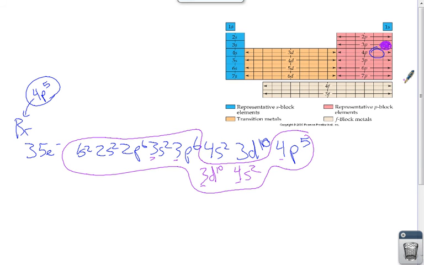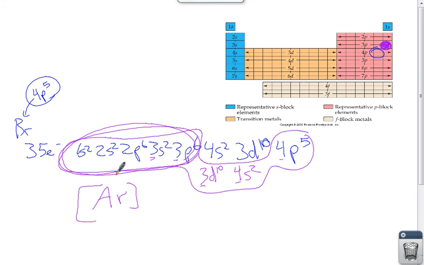That noble gas for bromine would be argon. So we put argon in brackets, and argon is 1s2, 2s2, 2p6, 3s2, 3p6. And then we just have to write the pieces that come after argon that make bromine look a little bit different. Okay, so that was a lot of what we learned last year.